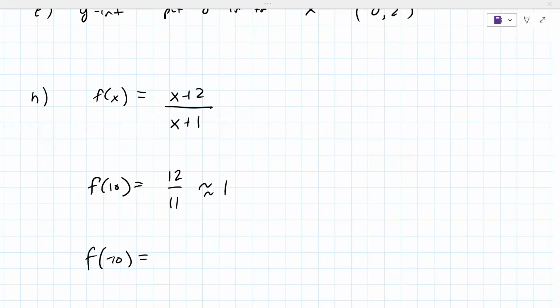Let's see. That would be 8 over 9. Okay, and which is about 1, right? And then I think it says f of 100 is the next one.